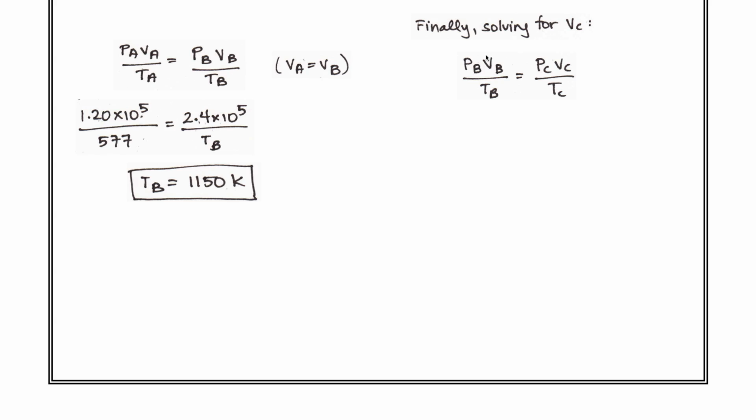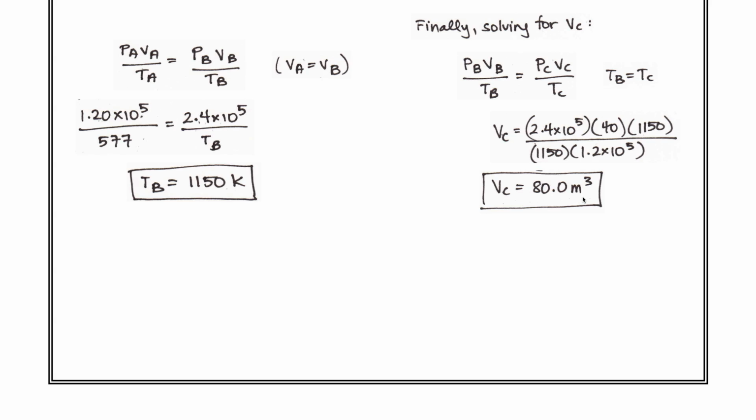We can say pressure at B times the volume at B divided by the temperature at B is equal to the pressure at C times the volume at C divided by the temperature at C. But because the path B to C is an isotherm, we know that the temperature at B equals the temperature at C. We can rearrange, and you'll notice these two things cancel out, and we get 80 meters cubed as the volume at C. And that is basically how we work thermodynamic processes, the first law, and how we incorporate some gases.